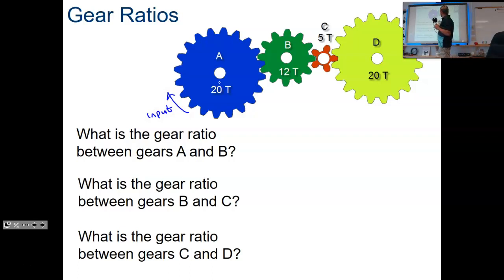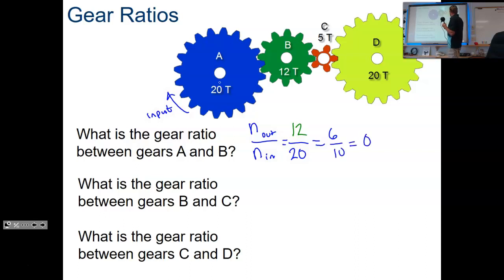So it's the number of teeth out divided by the number of teeth in. That would mean our output is going to be B. So that's going to be 12 divided by 20. 12 divided by 20 is the same thing as 6 divided by 10, which is 0.6. So the gear ratio is 0.6 between A and B.